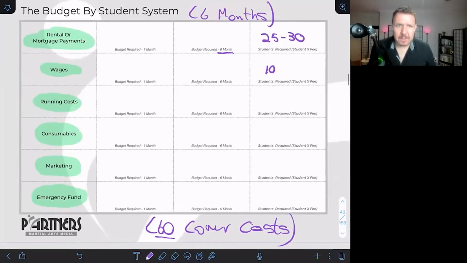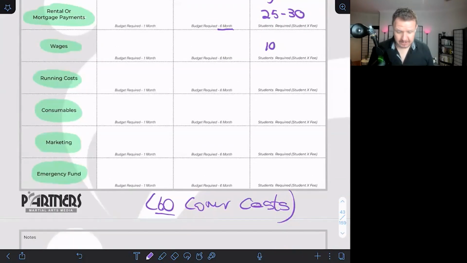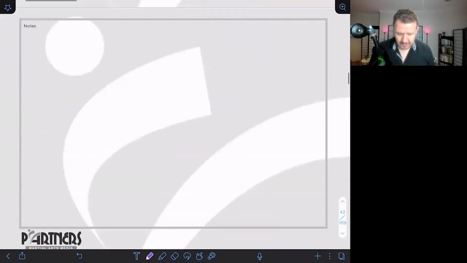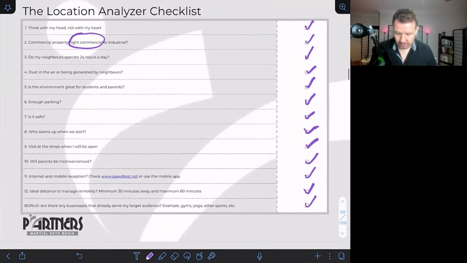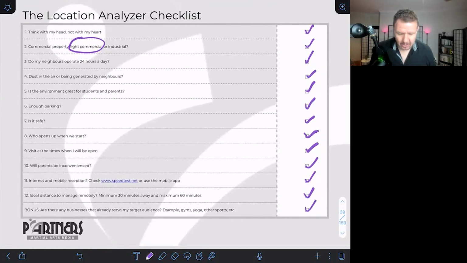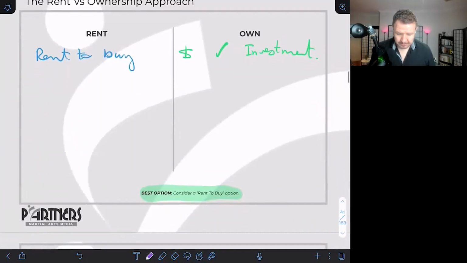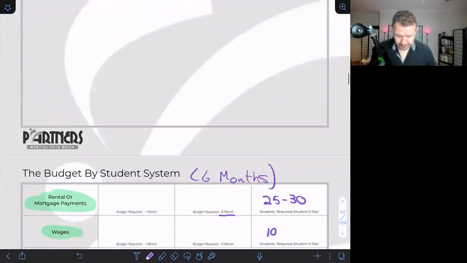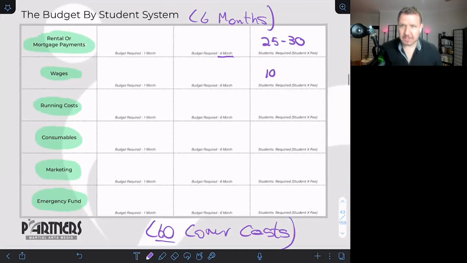Perfect. Anyone got any more questions on the budget system? This session is a little bit shorter, and tomorrow we'll get into more of the details, your success by design plan. Location analyzer, obviously this is something you're going to have to go through once you start pinpointing exactly which location you've got your eye on and have done your research with the Bureau of Statistics, etc. Weighing up your options to rent versus own, and just getting your budget numbers down.